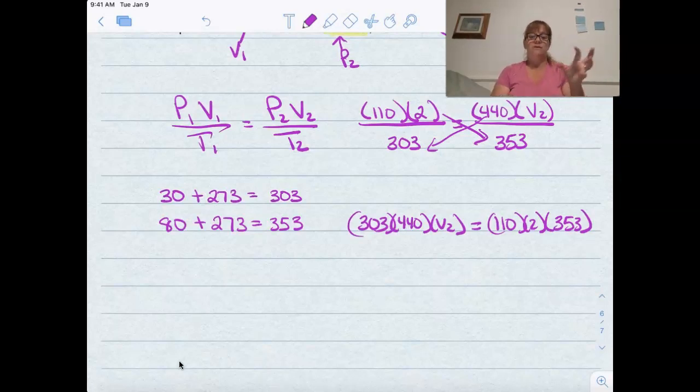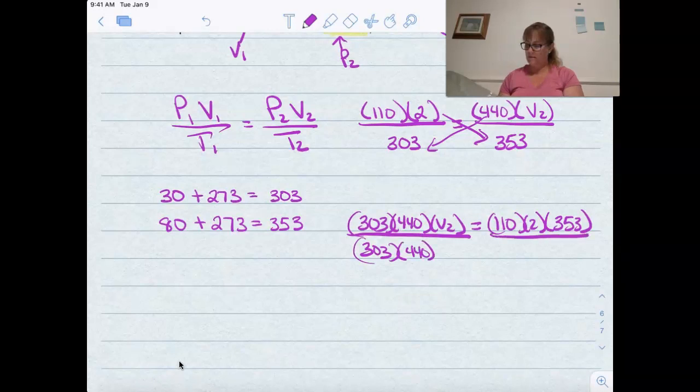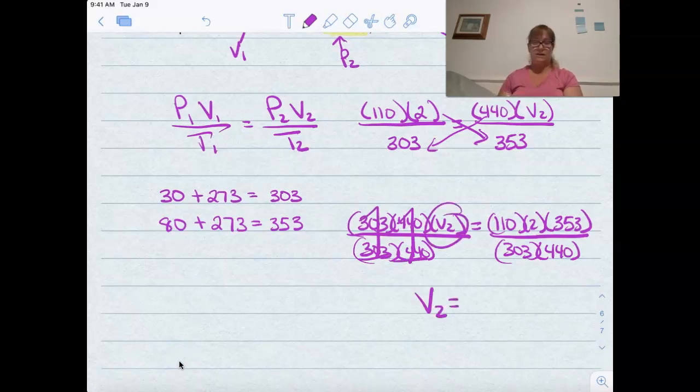Some of my students try to multiply the things so that it gets simpler. I like to do it all in one step. So I'm going to go ahead and divide both sides by 303 times 440. Because that's going to give me nothing but V2 over on this side.